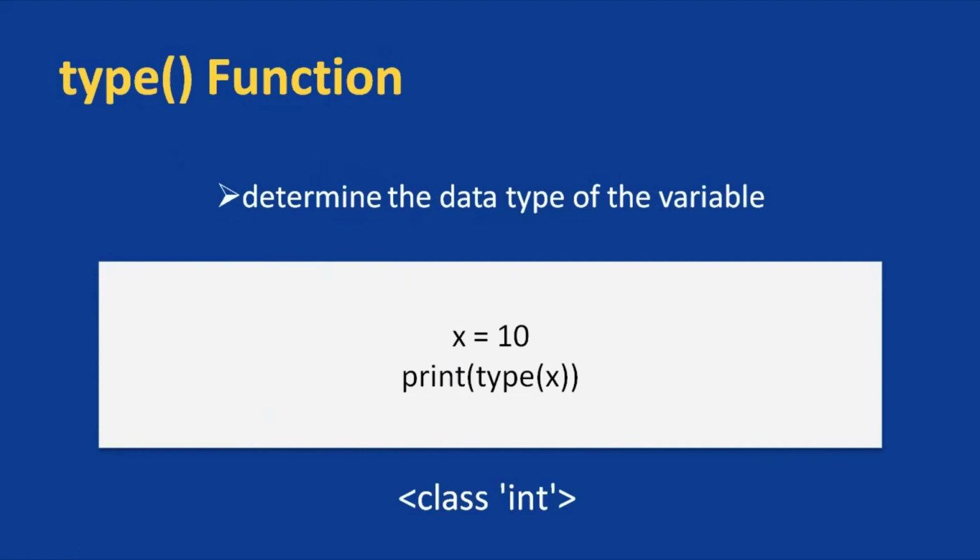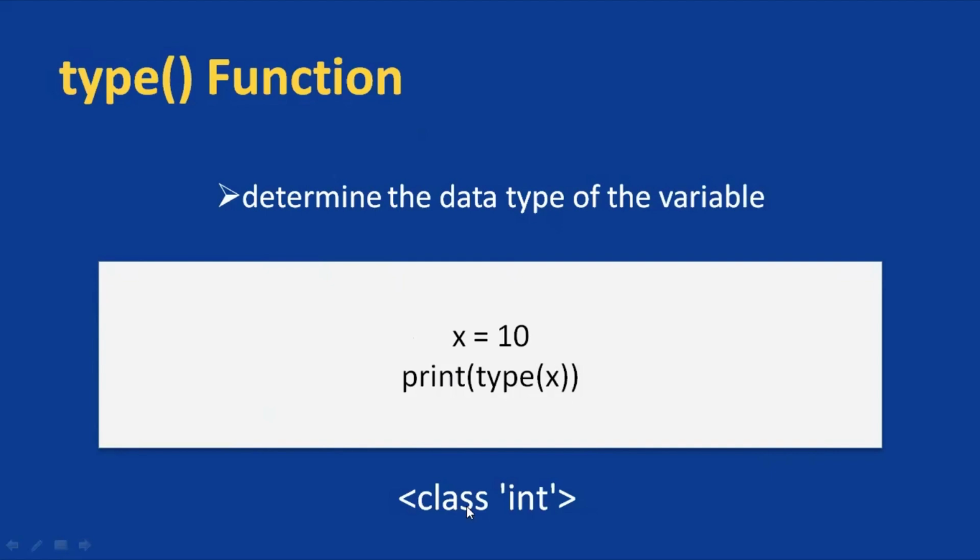Next, we are going to learn about a built-in function. Type is a built-in function in Python which is used to determine the data type of a variable. What is the purpose of this type function? It is used to determine the type of a variable. Here I just mentioned a variable x equal to 10. We don't know which type of variable this is. So if you want to know the type of the variable, you can use the built-in function type of x.